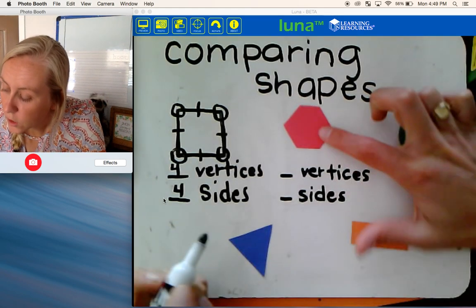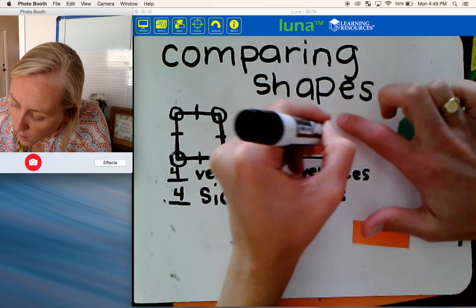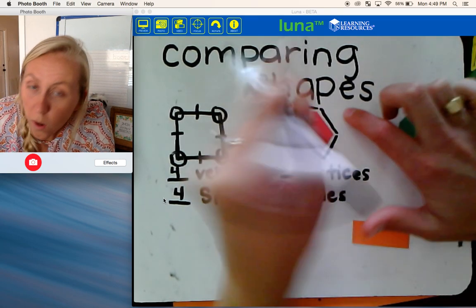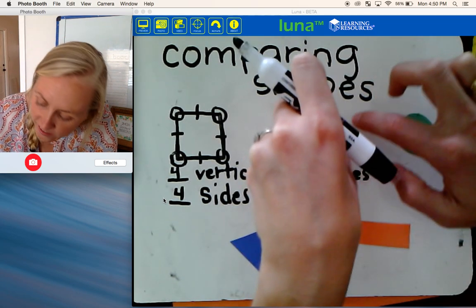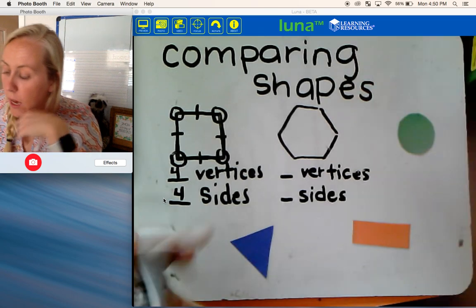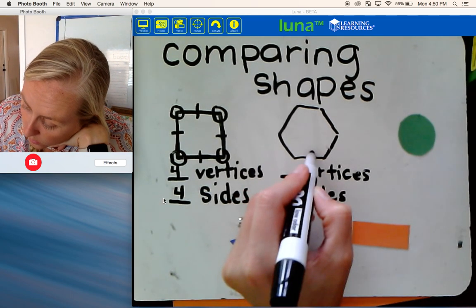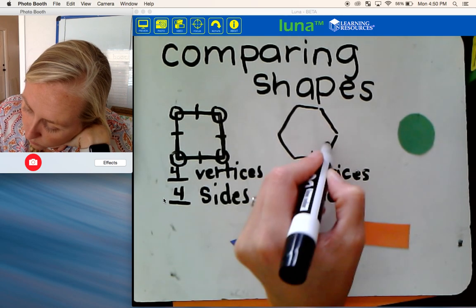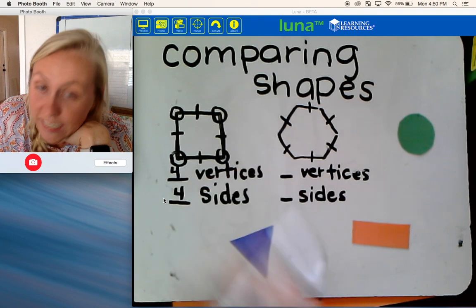All right, our next shape here is our what? Do you remember what this one is called? Say it out loud. A hexagon, that's right. This is tricky. Let's do sides first. 1, 2, 3, 4, 5, and 6.